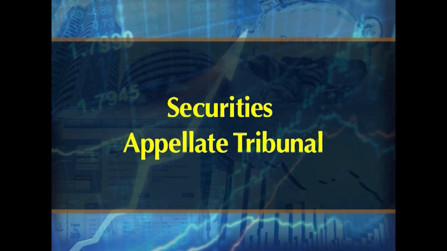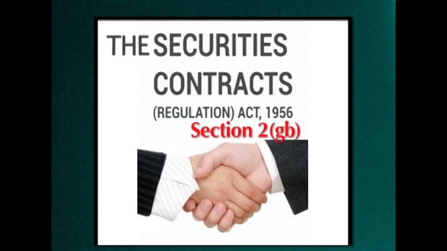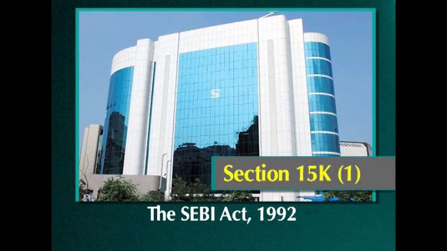Securities Appellate Tribunal. Under clause GB of section 2 of the Act, Securities Appellate Tribunal means a Securities Appellate Tribunal established under subsection 1 of section 15K of the SEBI Act 1992. Students are advised to refer to these provisions.